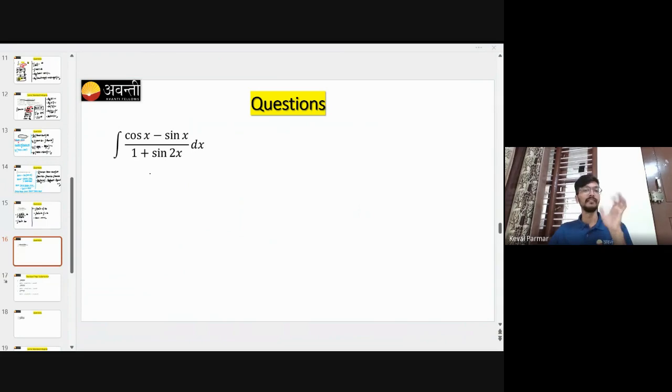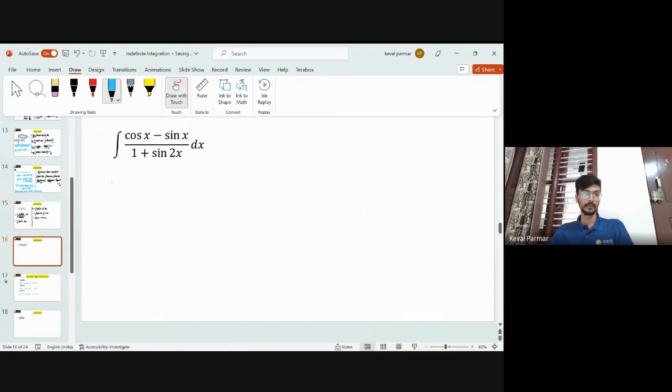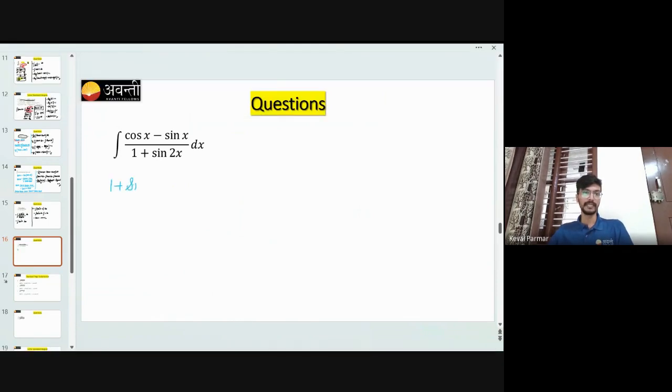Here, this is again a very good question. If you know, 1 plus sine 2x can be written as cos x plus sine x, the whole square.